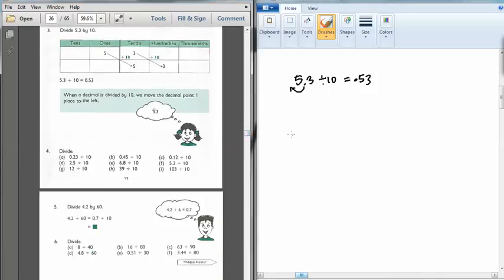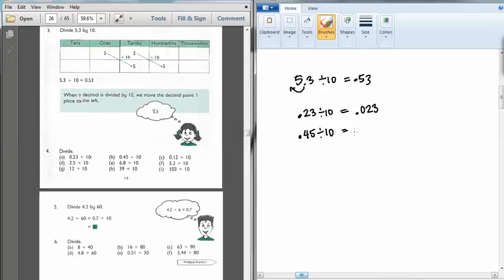Alright, let's do this one. 0.23 divided by 10. That's 0.023. 0.45 divided by 10.